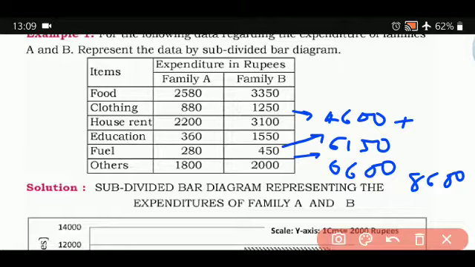So this is 3350 plus 1250 plus 3100 plus 1550 plus 450 plus 2000. So this is 11,700.